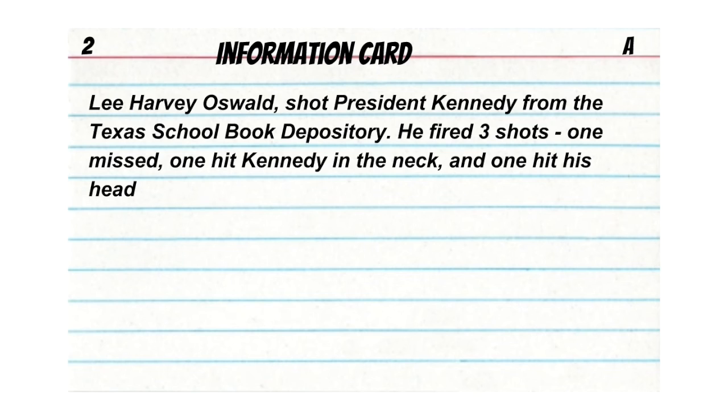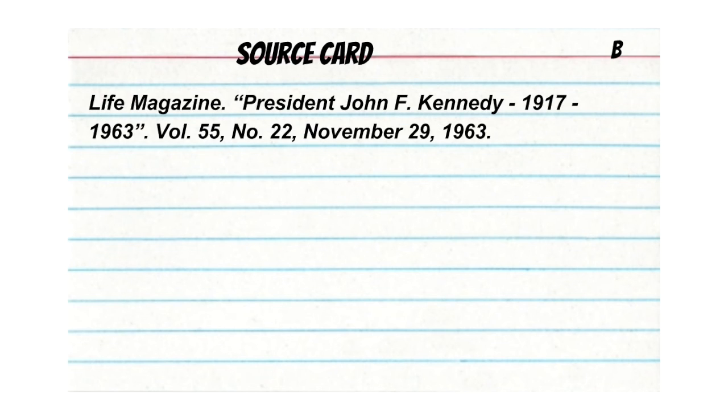Once I feel that I have enough information from that particular source, I can go ahead and get a secondary source. In this case, I have a primary source. My primary source is Life magazine, President John F. Kennedy's edition, Life 1917 to 1963, volume 55, number 22.